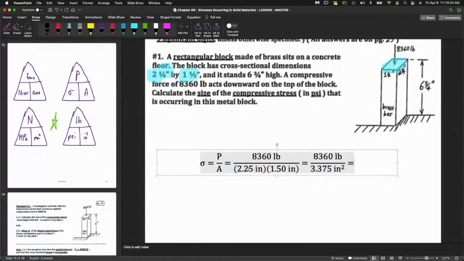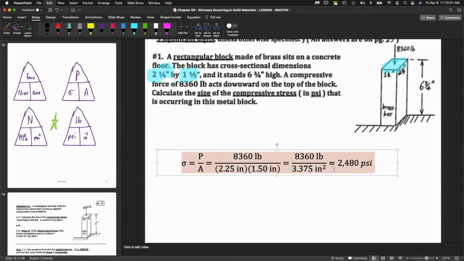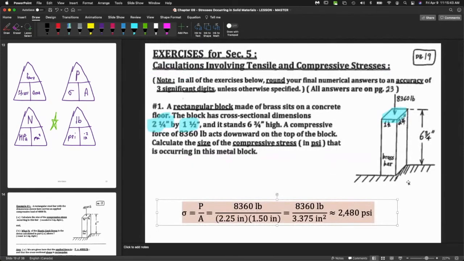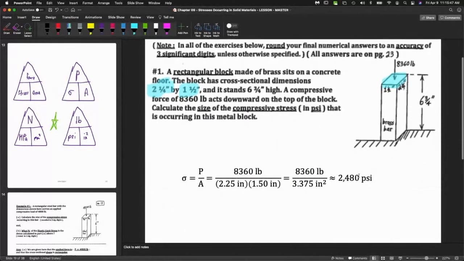So notice that when you multiply that out, you get a value in square inches, and you can round that. So again, if I don't tell you, everybody, it's in the booklet. It says 3 significant digits. So I got 2480 psi. Awesome. Now some people will say, why is it psi?